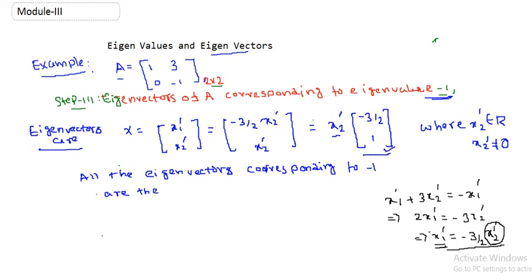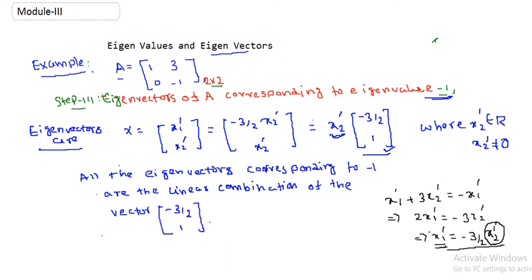Because we have a vector and a real number. So they are the linear combinations of the vector (minus 3 by 2, 1).